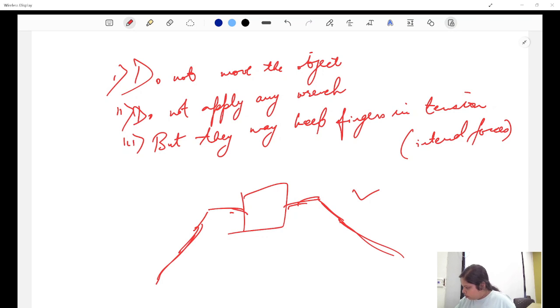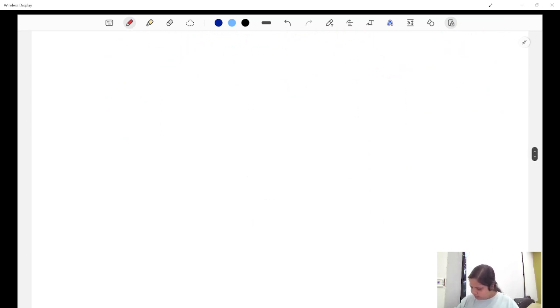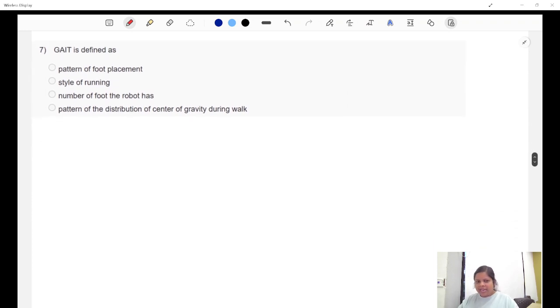Okay, I hope this is clear. If it is, then let's move to the next question. From here we have the questions on gaits. We are done with grasping. This is a very general question, I think any of you would be able to answer. So what is gait actually?